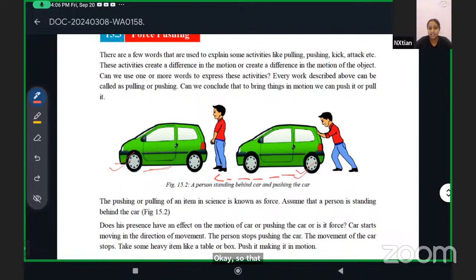How is it happening? Due to a factor known as force. When the person is putting force and pushing it forward, the car is moving. Now, the pushing or pulling of an item in science is known as force.